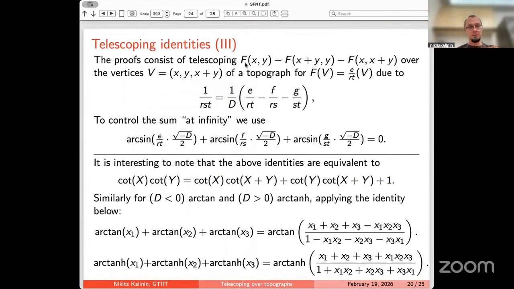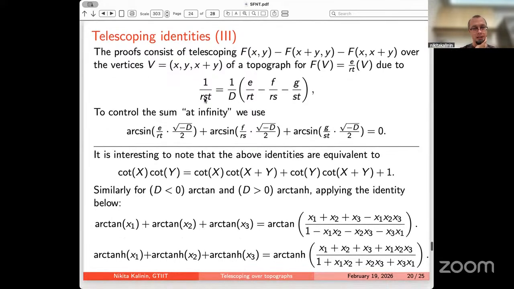It's also funny that this identity about arcsine is equivalent to the famous identity about cotangents. I like it a lot. These products of two cotangents correspond to terms here, and this one corresponds to this term, so you just need to multiply. Inside, we need these identities for arctan.